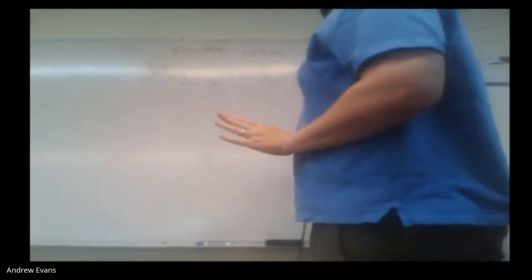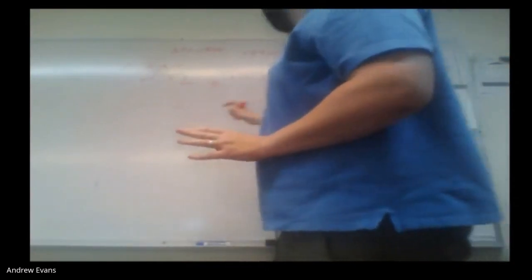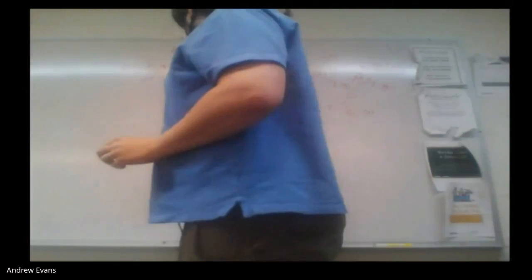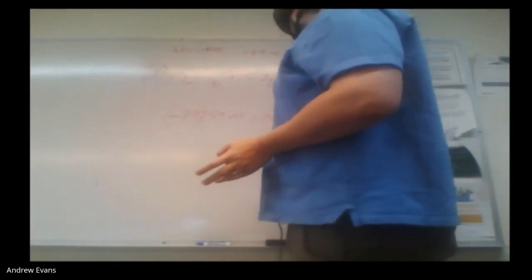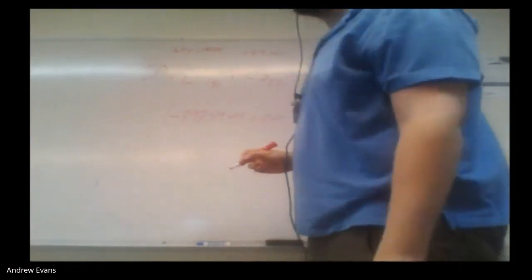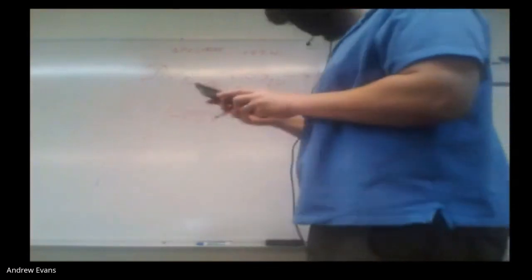So with that in mind, the sum of all the products: negative 393.59 times 4, plus 0 times 4, it's 0, plus 0 times 1, also 0. That's pretty easy.